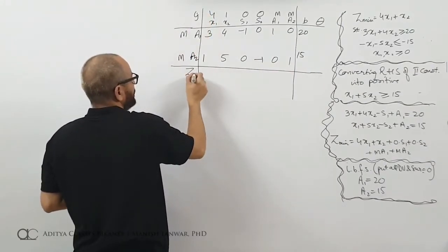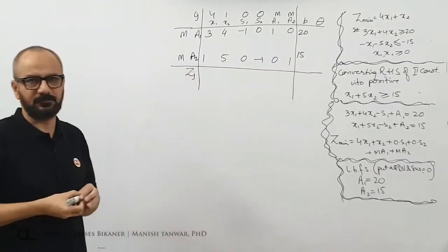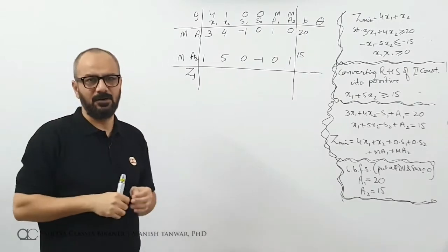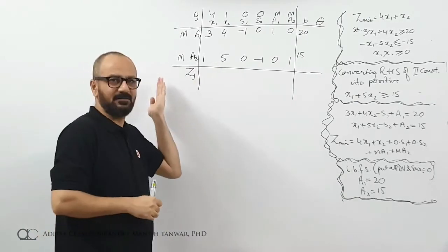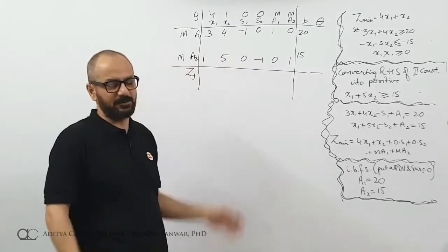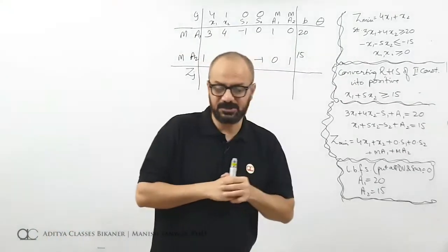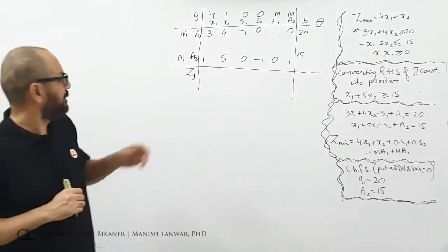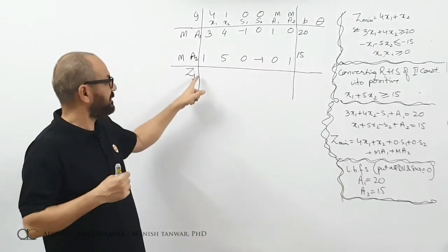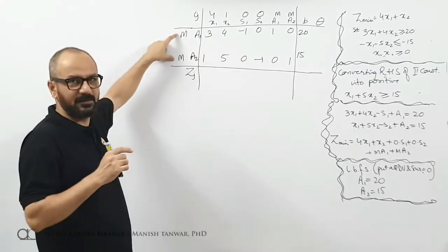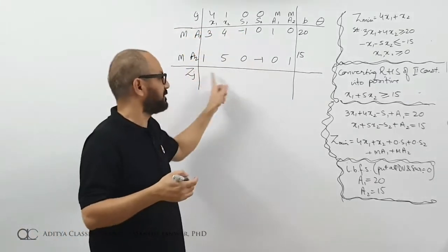Then we have Cj and then we have Zj. What is Zj? Zj is the sum product of all columns with their respective contributions. First column with respective contribution, second column with respective contribution. Now, the first difference between our tables. Earlier Zj was always 0 for the first table because we had 0 for slacks, so everything would become 0.